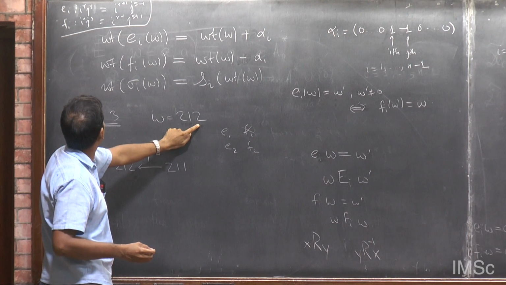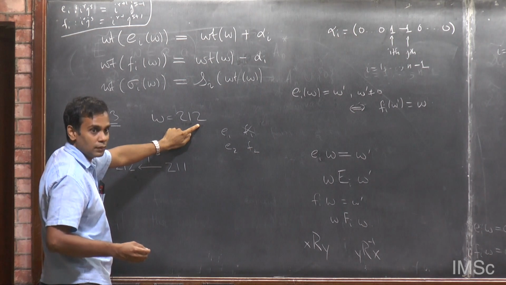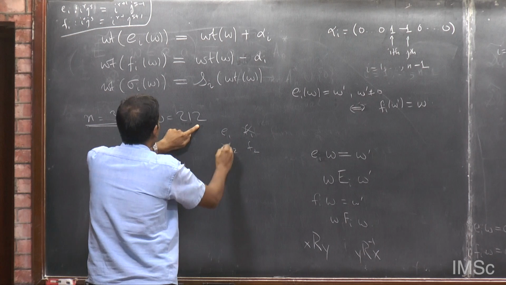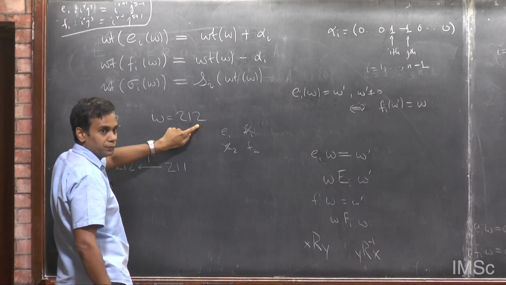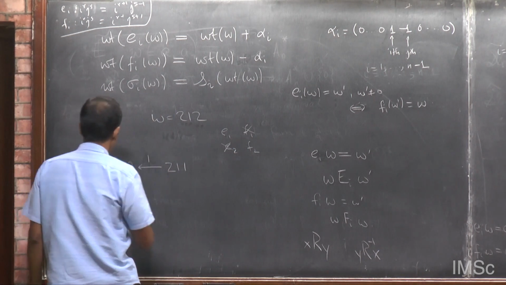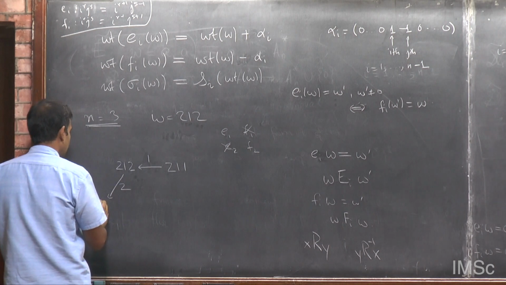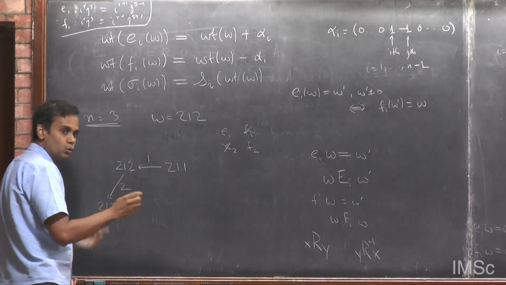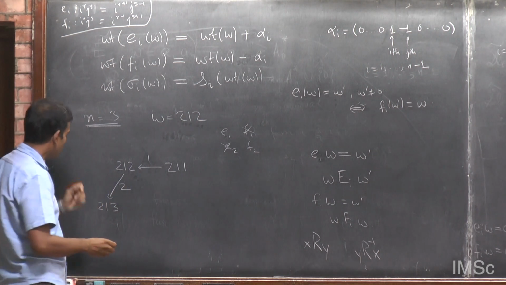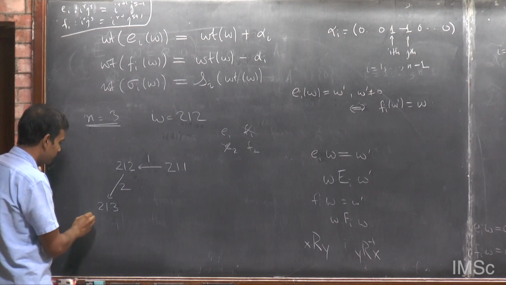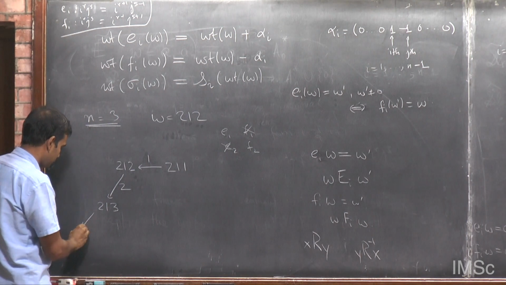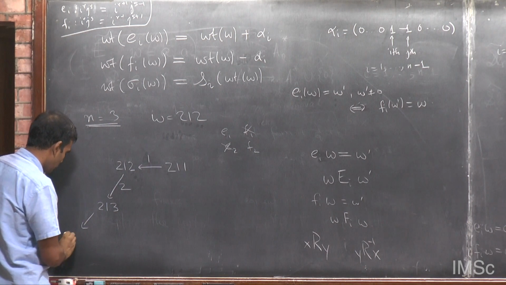You cannot apply E_2, but you can apply F_2. So you get an edge out of here and it is 2 1 3, because 2 2 becomes 2 3, and you can again apply F_2 to 3 1 3.